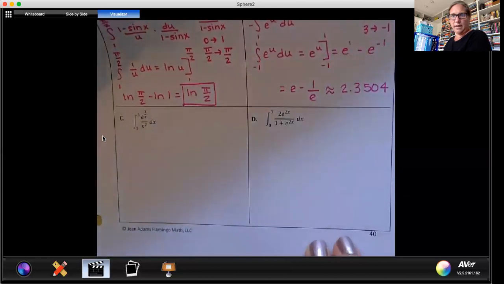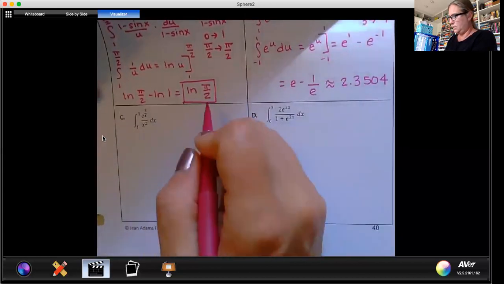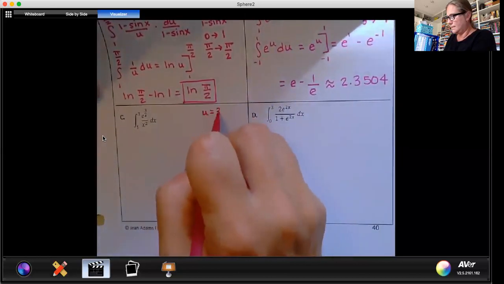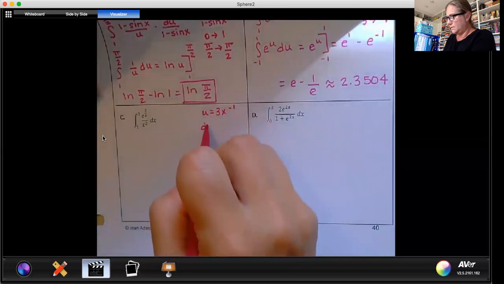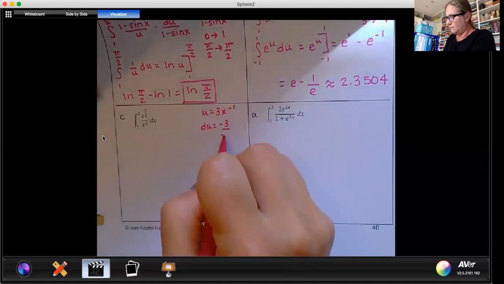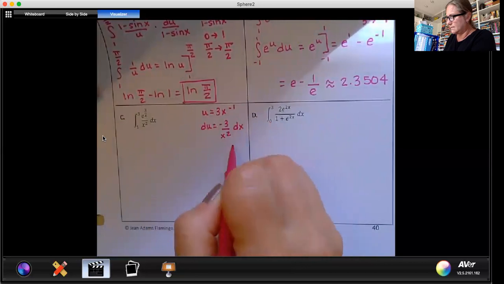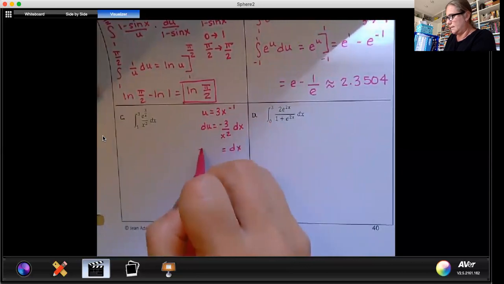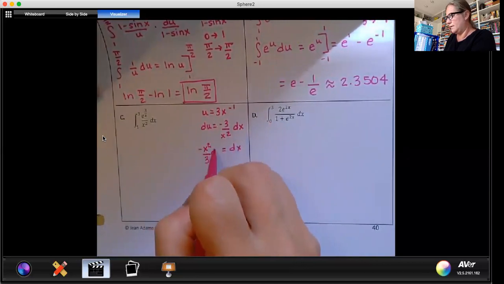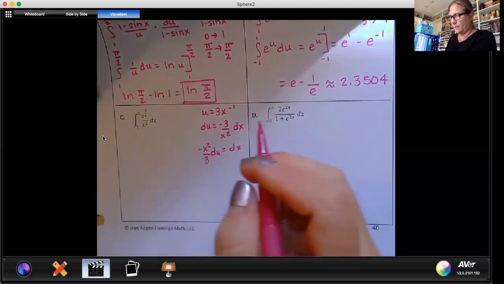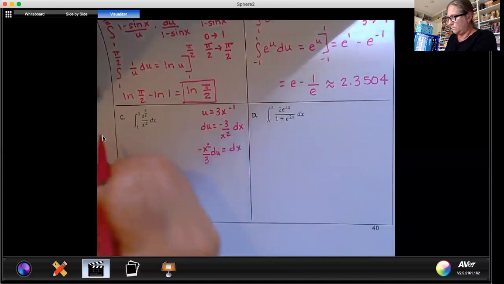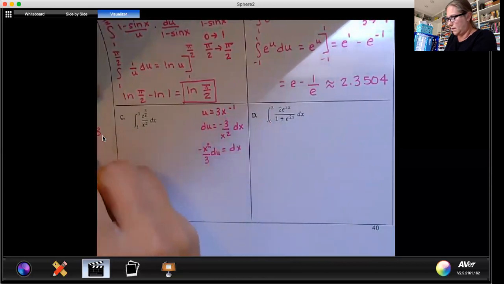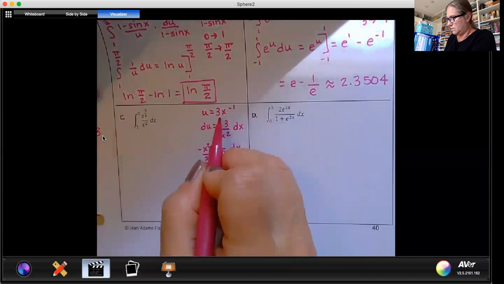Taking a look here at part C, u is 3x to the negative 1. So du is negative 3 over x squared dx. So dx is negative x squared over 3 du. Your bounds, 1 becomes 3, and 3 becomes 1.